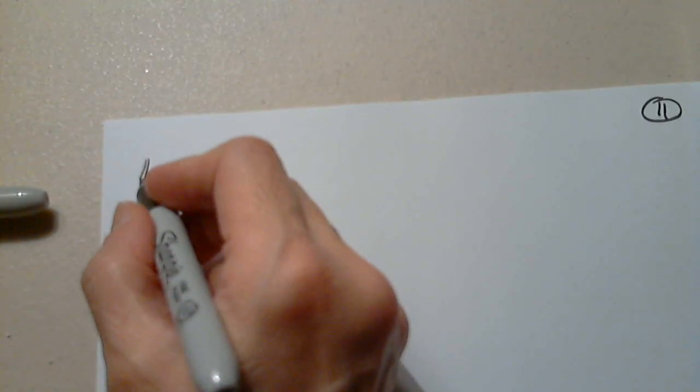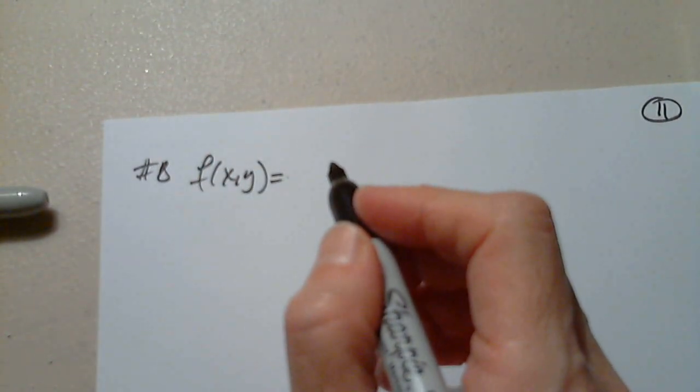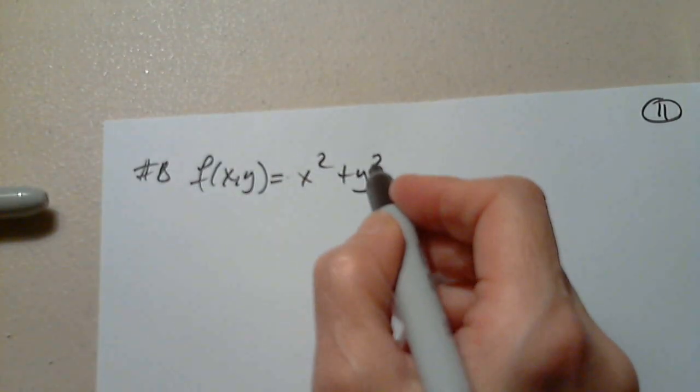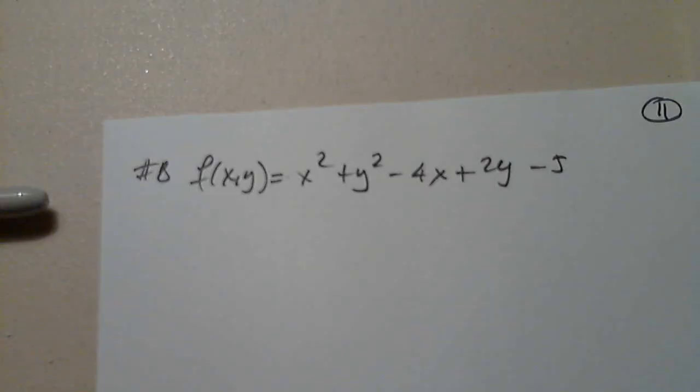We do 8. Yes, 8. Very good. So f of x comma y, x squared plus y squared minus 4x plus 2y and minus 5.